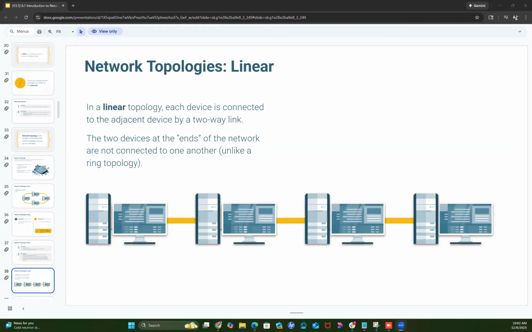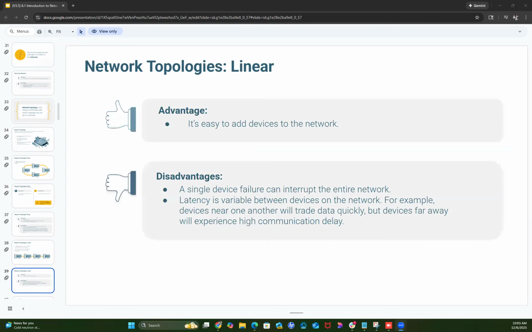Another network topology is linear. In a linear topology, each device is connected to the adjacent device by a two-way link. The two devices at the ends of the network are not connected to one another, unlike a ring topology. What is the advantage?